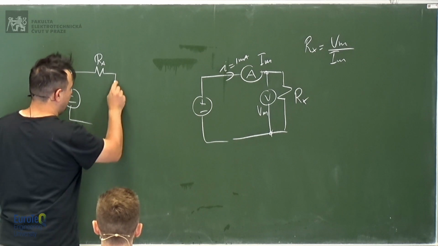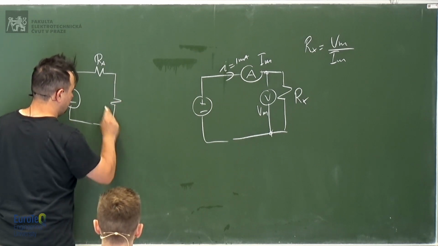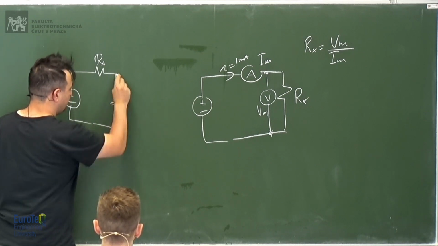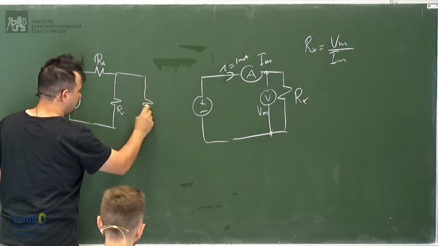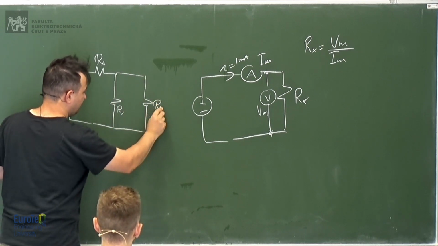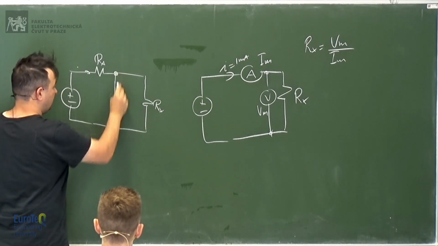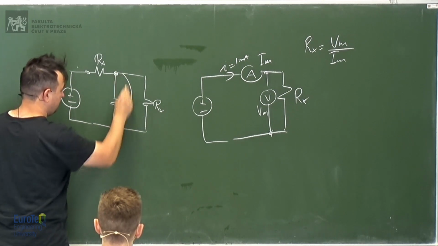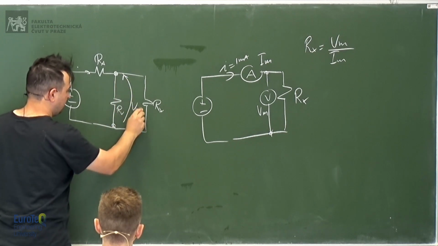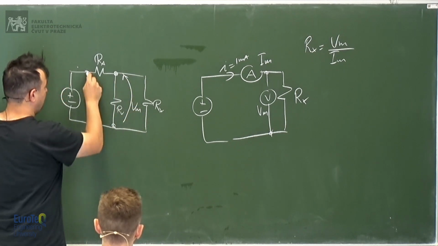Then you have a resistance of the voltmeter and then the resistance that you want to measure. What you measure is the voltage between this point and this point, which is Vm, and that's fine.